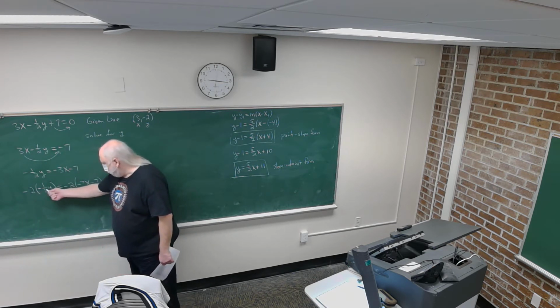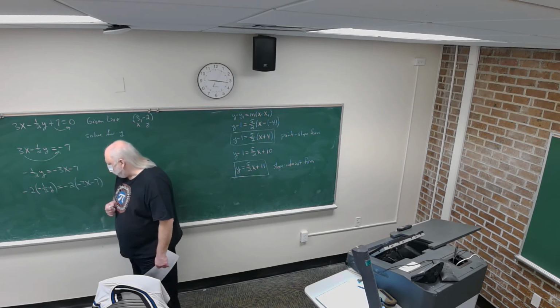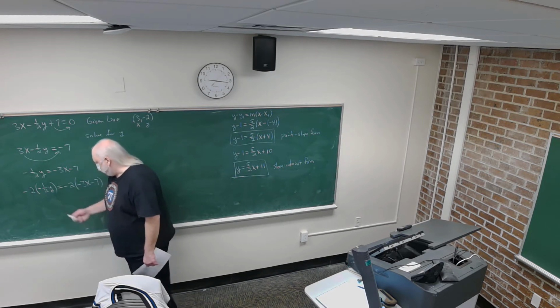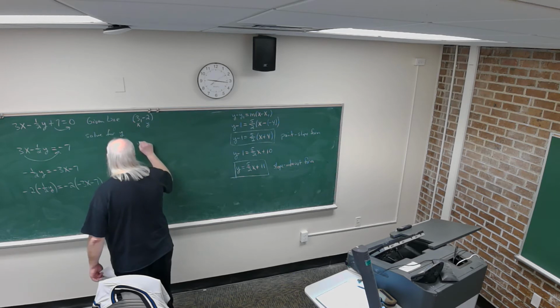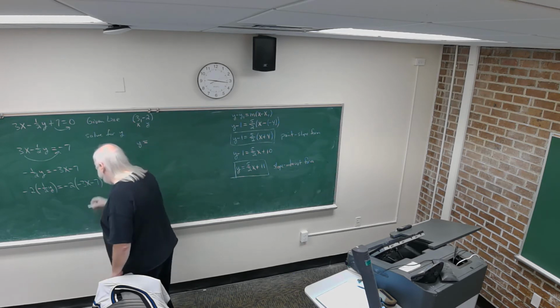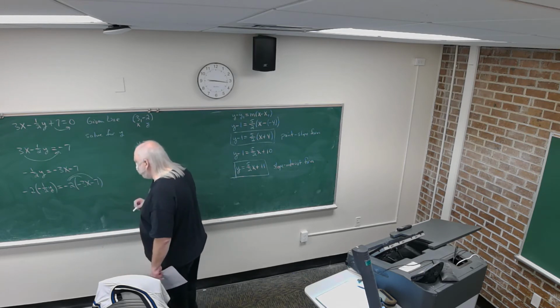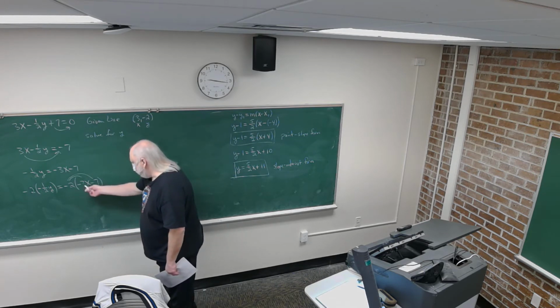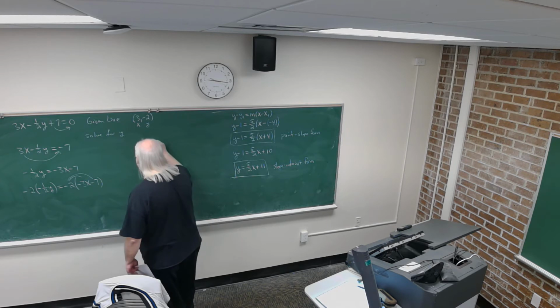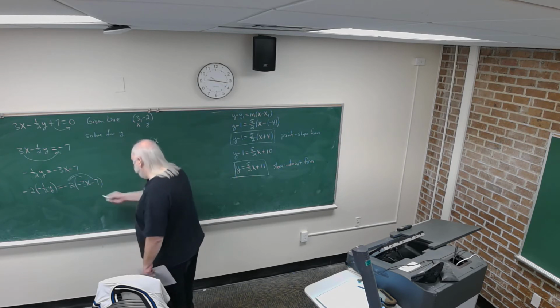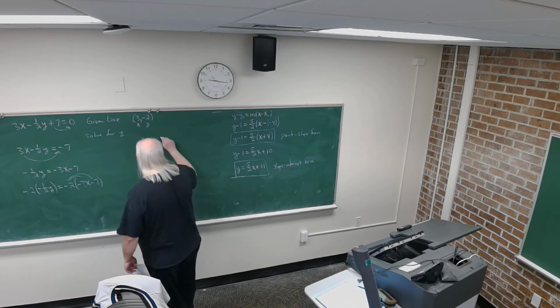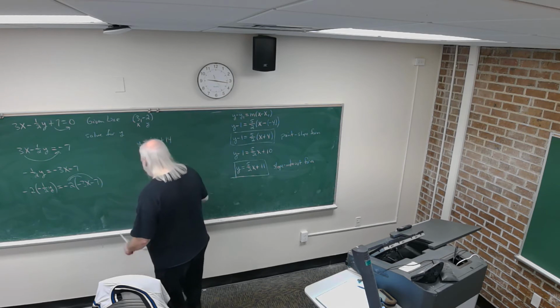Minus 2 times minus 1/2 is 1, so we just end up with y on the left side. Now we distribute the minus 2 inside the parentheses. Minus 2 times minus 3x is 6x, and minus 2 times minus 7 is 14.